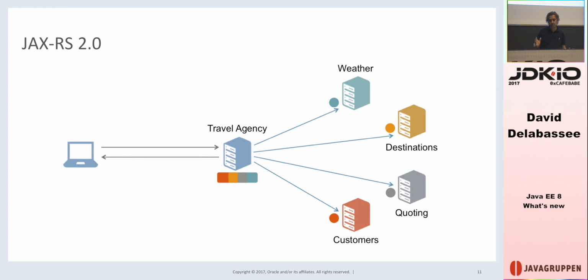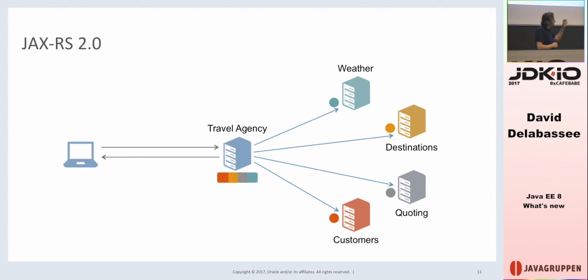Now, let's use that API with a very basic microservices scenario. It's basically one travel agency service that has to use 4 backend services through REST. So the idea of that scenario is very simple. We have a user that comes into the travel agency service, and then based on that user, the service will have to first go to the customer service to get the travel history of that user.